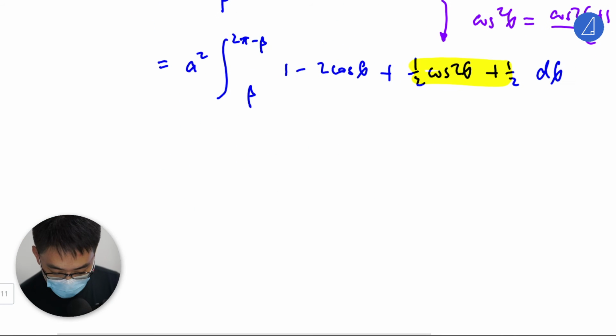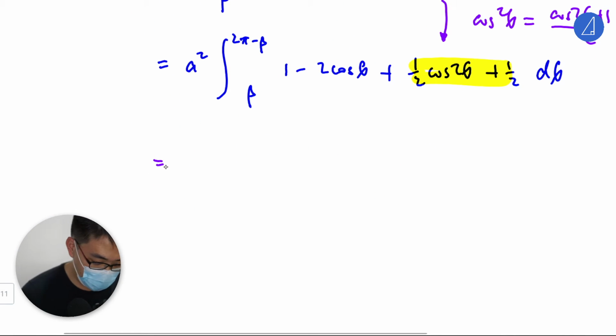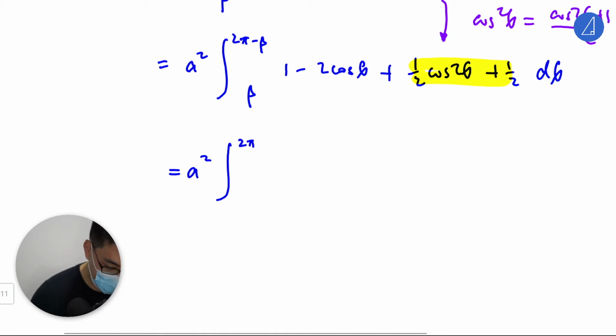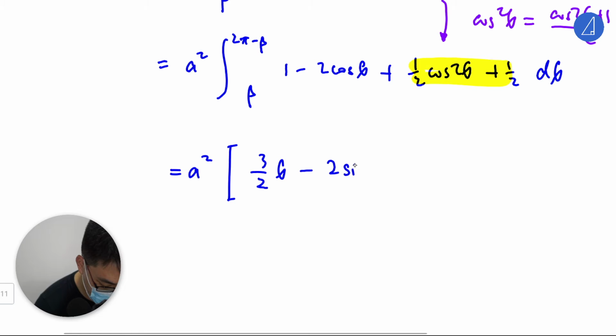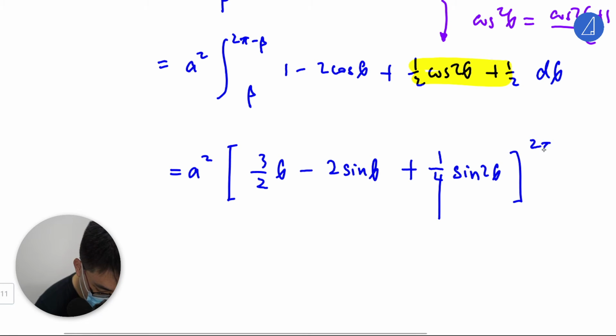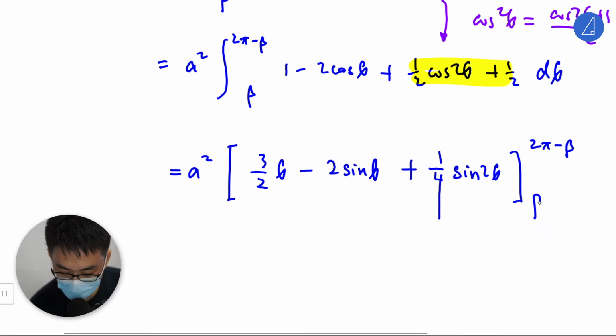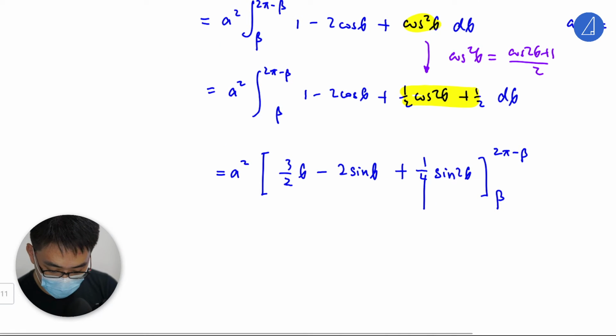Then I'll just do it slowly. Okay, maybe not. Can I just integrate? I think I'll just integrate. Over 2 theta, here to here.